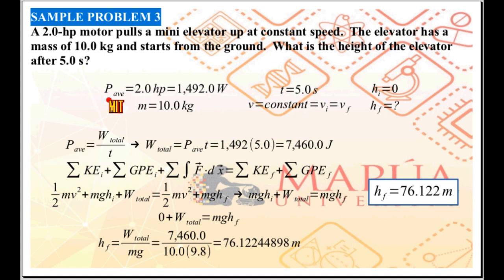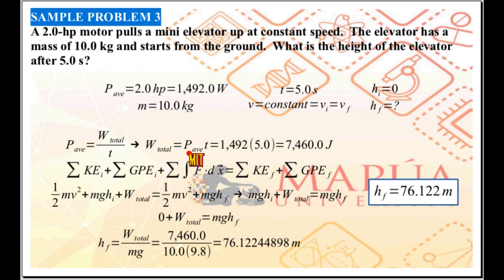Now, average power is equal to total work done divided by total elapsed time. Isolating, work total is equal to P average multiplied by time t. Work total is the total work done by the motor as it pulls the elevator for 5 seconds.